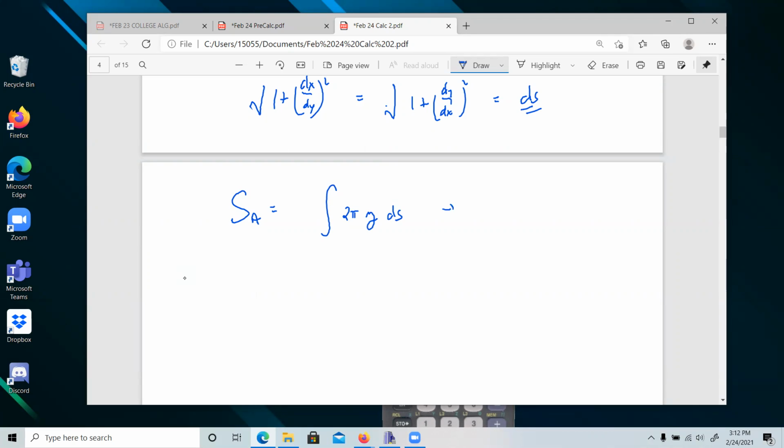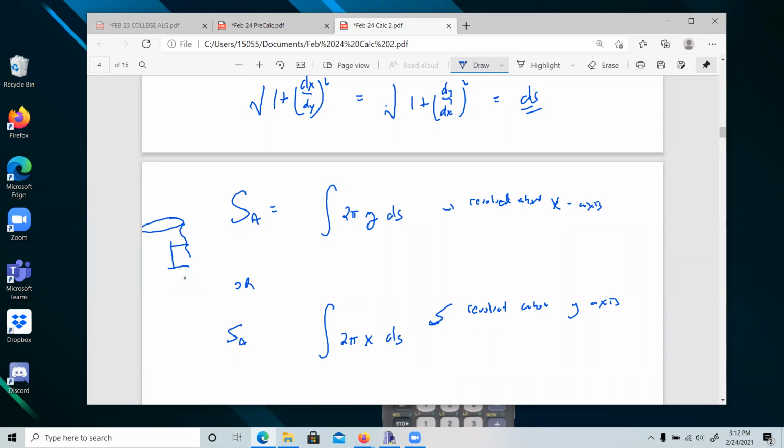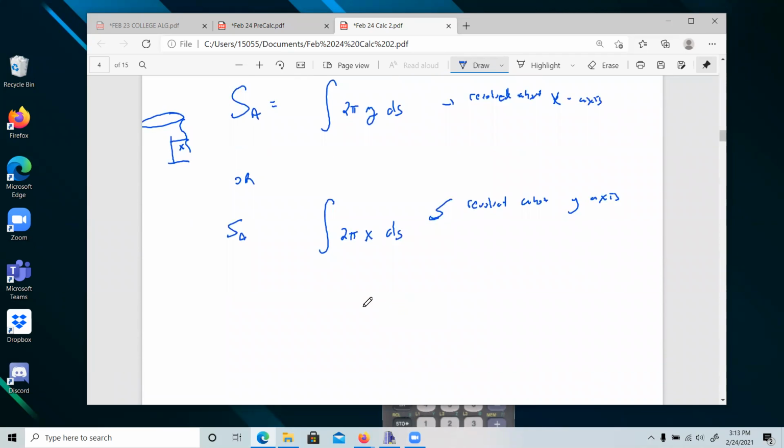And this is revolved around the x-axis. Or you can have a surface area of 2 pi x ds, and this was revolved about the y-axis, right? Because we have that same argument. If we have something here that we're going to rotate around, and that radius, that distance there, that's x. Okay, or f of y. So whatever's going to be easier for us to work on, that's how we're going to do that.